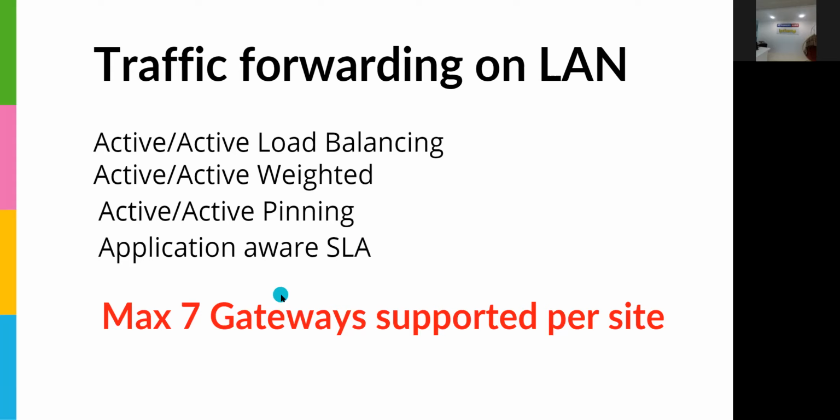That was the thing, right? 16 interfaces per device and 7 total gateways for application. So I think I was mistaken there. 7 gateways for these features and 16 interfaces maximum per device. Okay, for WAN VPN 0, 16 interfaces, not 5 here. So these are basically the traffic forwarding on the LAN.